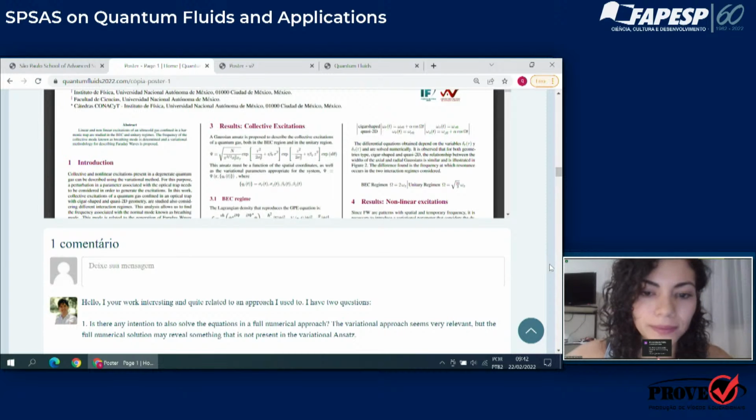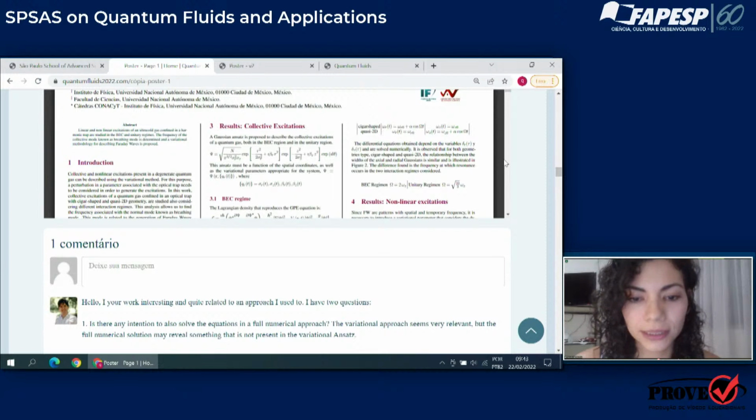Since we solved this using the variational method, we noticed that the physics we observe is limited by the ansatz we choose. In our case, with a Gaussian ansatz, we are only able to reproduce the collective modes and not the Faraday waves, since for seeing the Faraday waves we should consider a variational parameter with a spatial dependence.